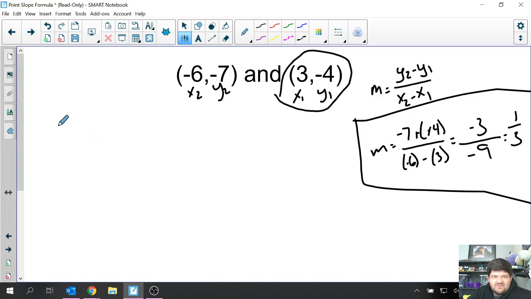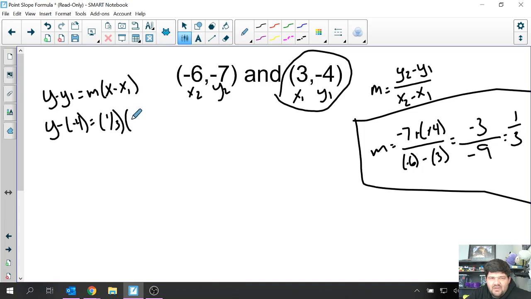Point slope form, as we saw, is y minus y1 equals m, x minus x1. Plugging everything in, the y doesn't change. The y1 value we know is negative 4 equals our slope we already saw is 1/3. The x value doesn't change. x1, plugging it in, is 3.